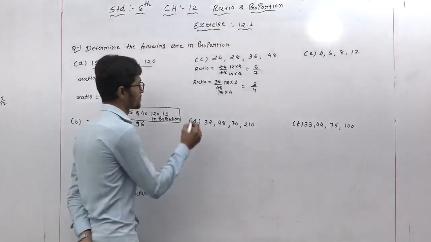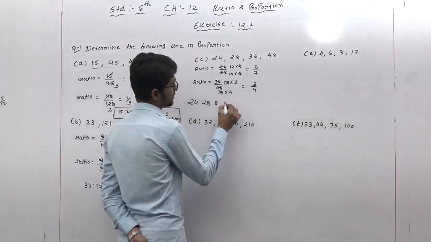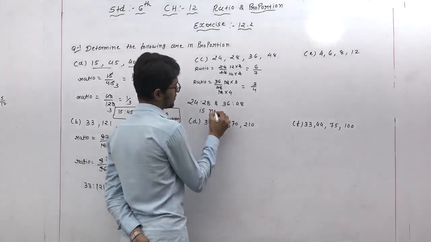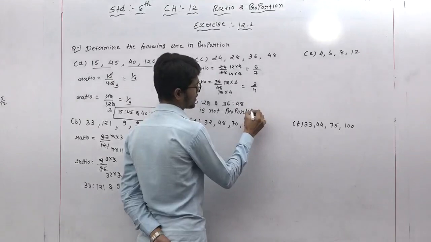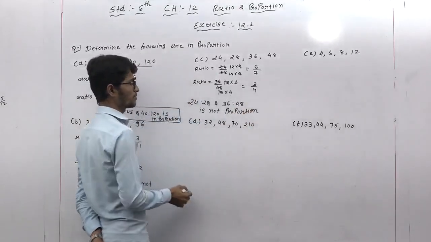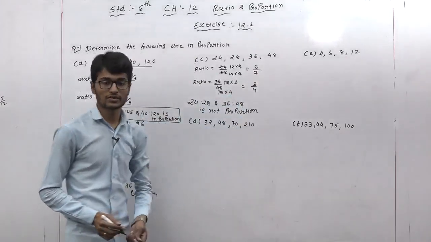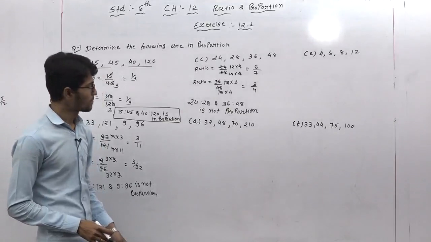It means 24 is to 28 and 36 is to 48 is not in proportion. We have to write why: because the ratio is different. That's why these two are not in proportion.